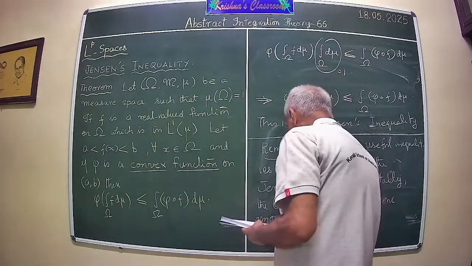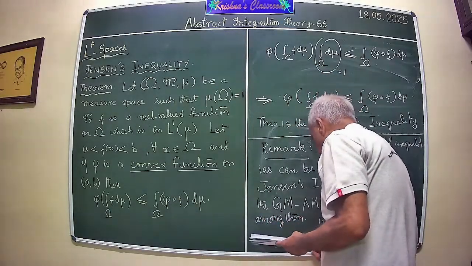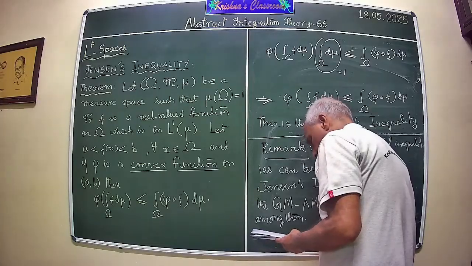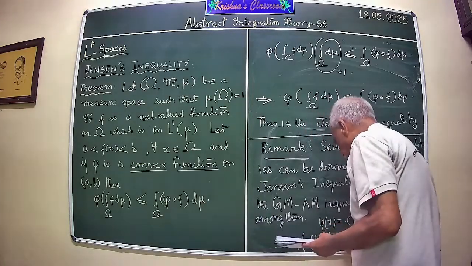Therefore you get exponential of integral over omega f d mu is less than or equal to the integral of e to the f.